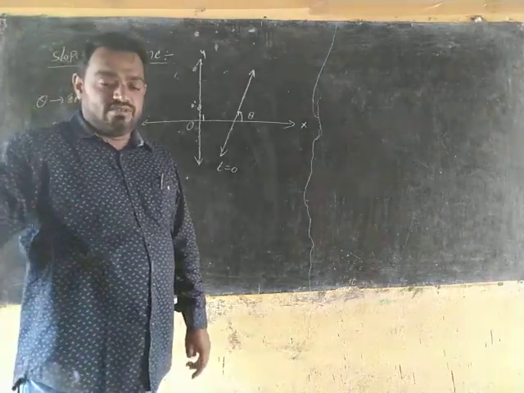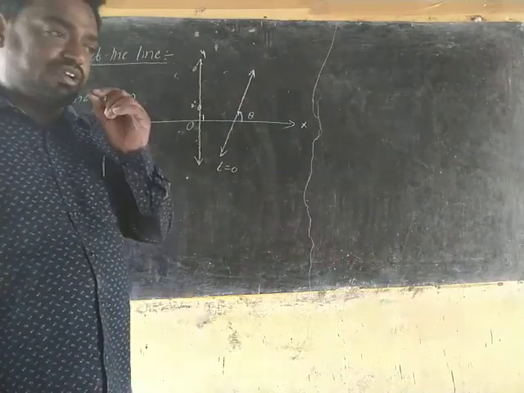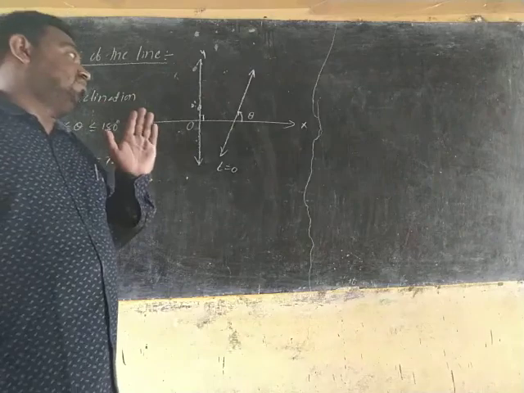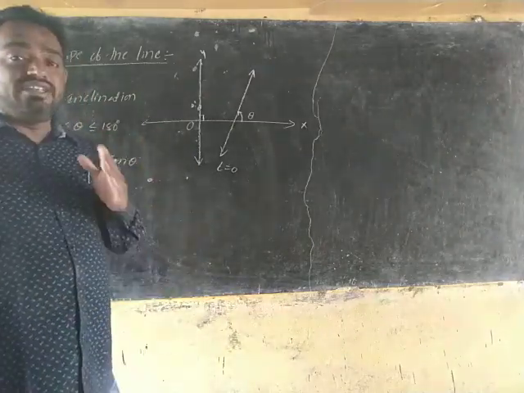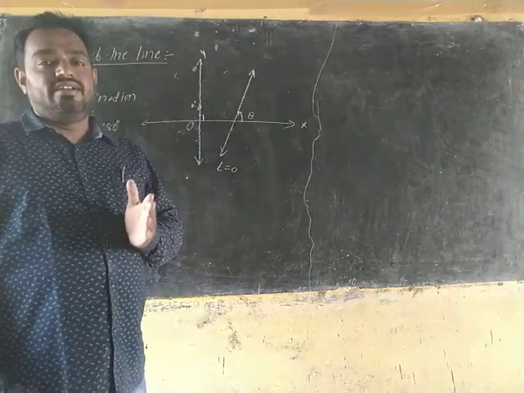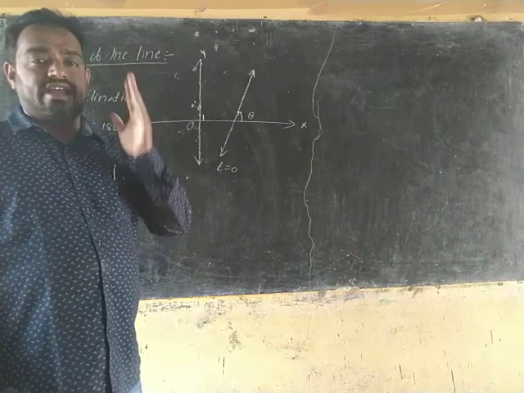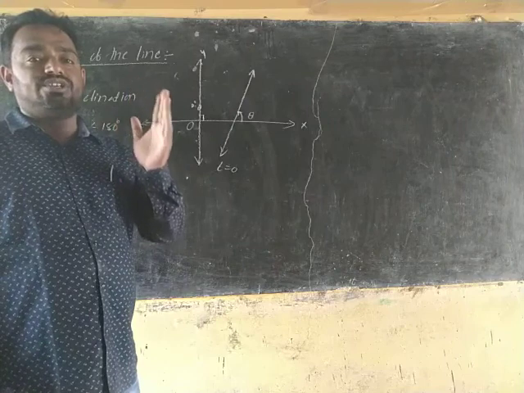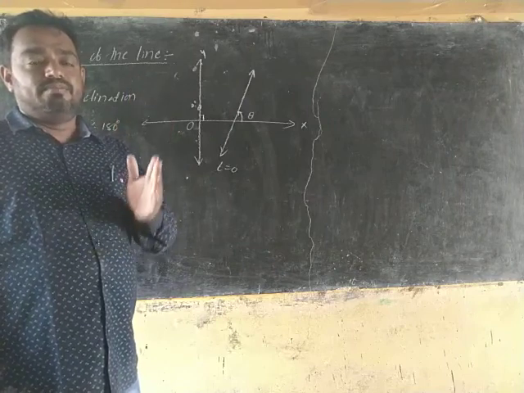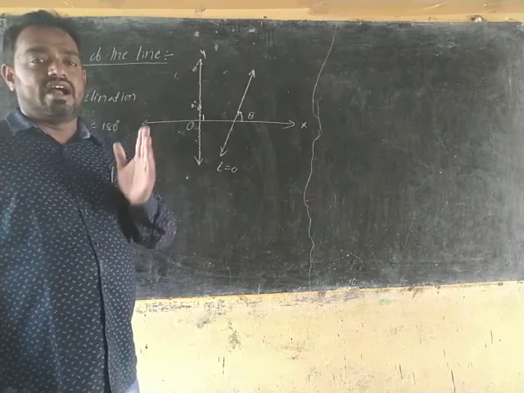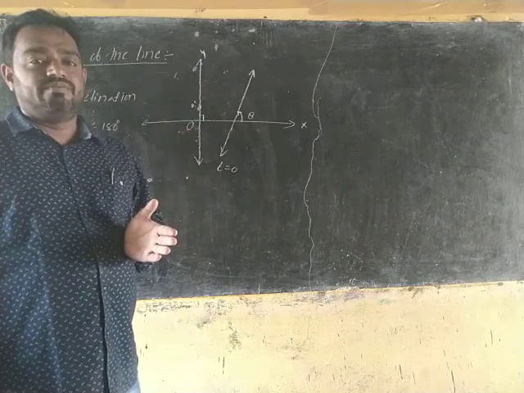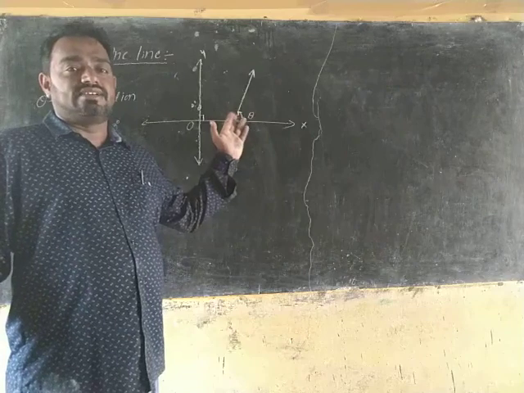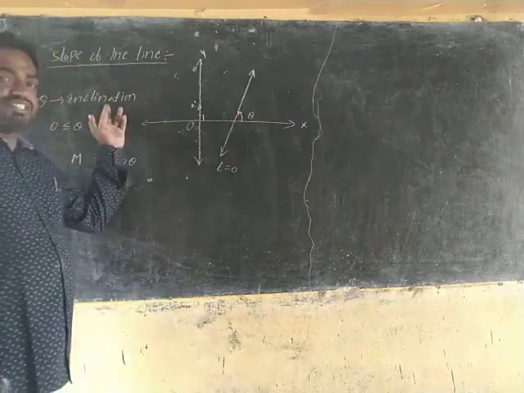Again you see, from the video itself you note down the definition. A non-vertical line makes an angle theta with the positive x-axis measured in the anti-clockwise direction. Then theta is called inclination.